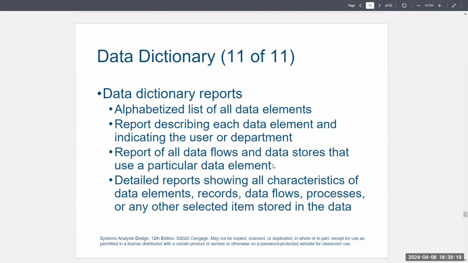Hey, can you give me the data dictionary of our inventory management system or our order management system, or payroll system? And once you get that report, it talks in detail about all of the different elements, entities and data elements and everything, right?